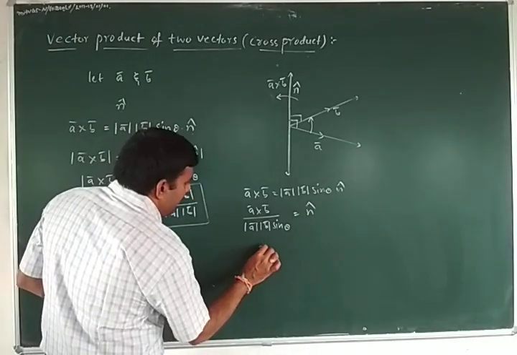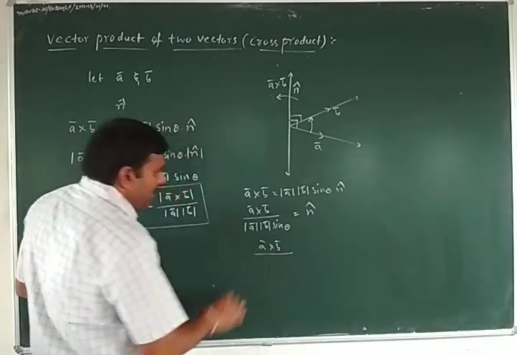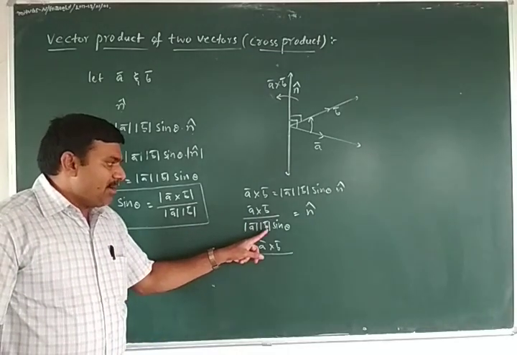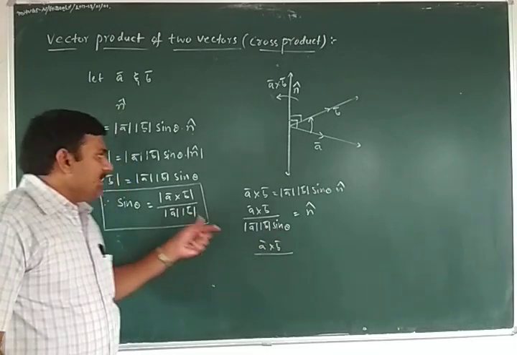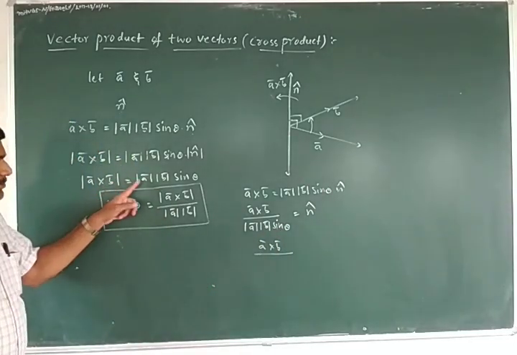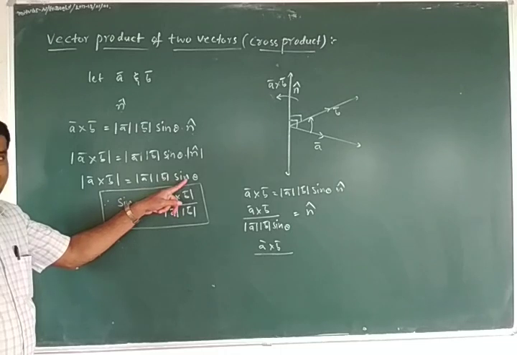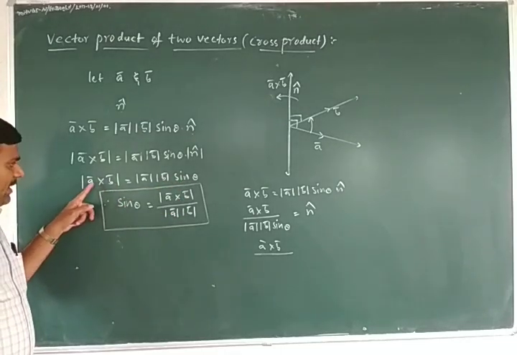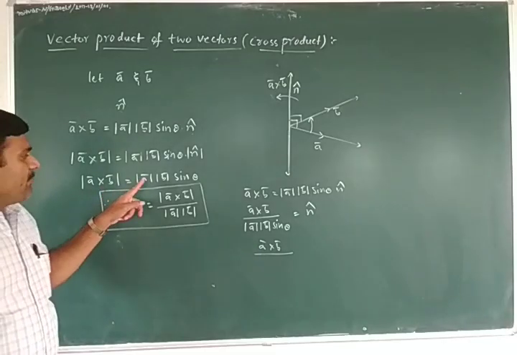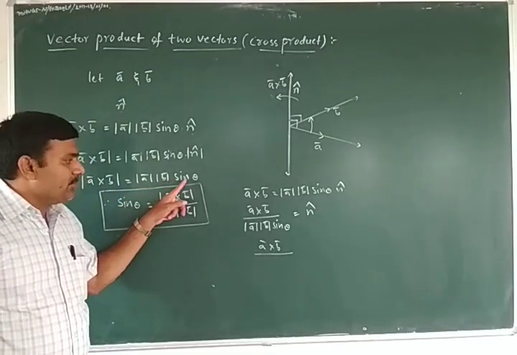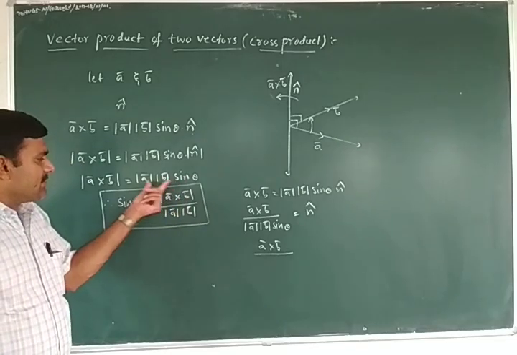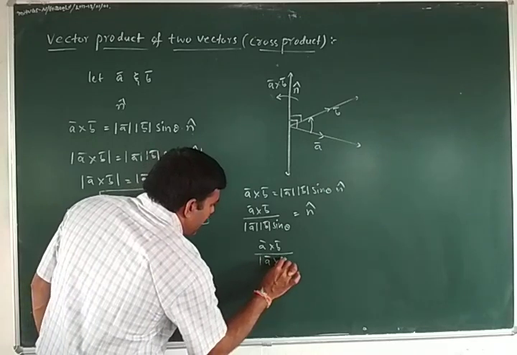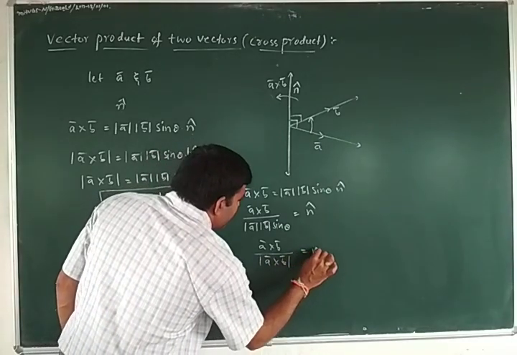Now the denominator mod A bar mod B bar sin theta is the value of mod A bar cross B bar, so in its place we write mod A bar cross B bar. So A bar cross B bar divided by mod A bar cross B bar is equal to n cap.